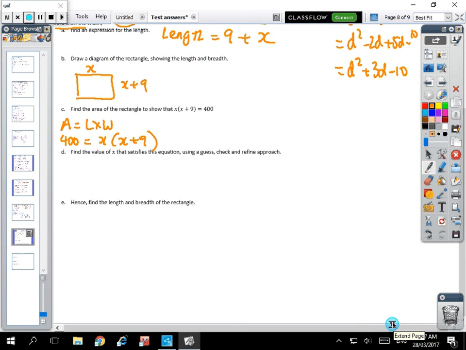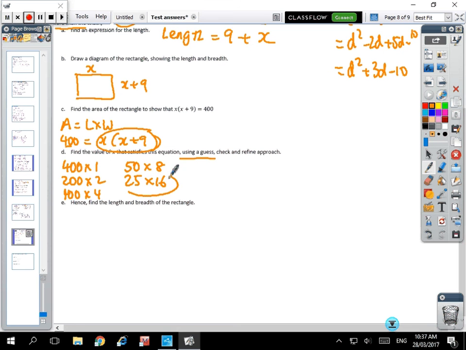Okay, find the value of x that satisfies this equation using guess and check. So we're looking for two numbers with a difference of 9 that multiply to give 400. So 400 times 1, 200 times 2, 100 times 4, 50 times 8, 25 times 16, and I've got a pair of numbers with a difference of 9.